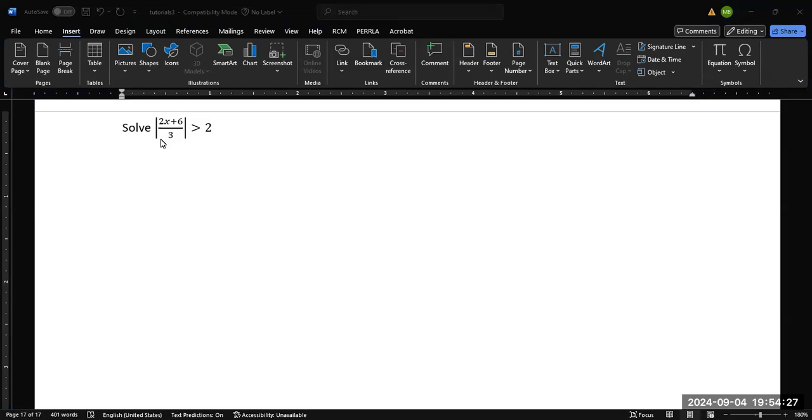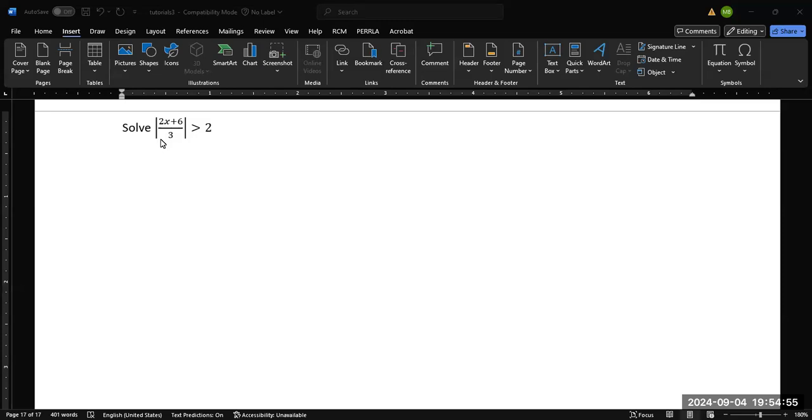If we were dealing with a less than, we would be below the line y equals 2. And so there would be a V-shaped portion that connects, so we'd have a continuous section. So what's going to happen with our solution in this case is we're going to have two separate pieces. We're going to have one where the inside of our expression is greater than 2, where the absolute value is not applying.